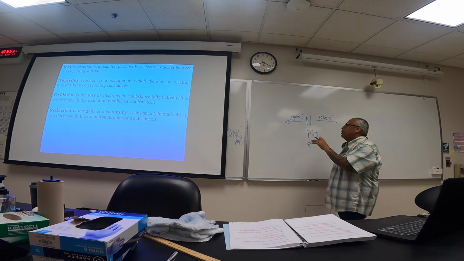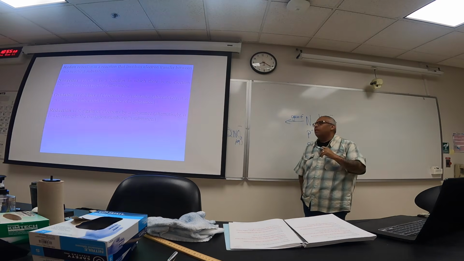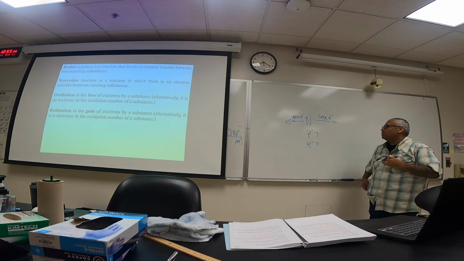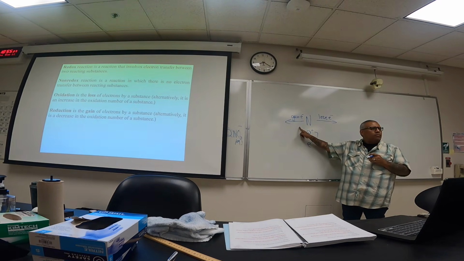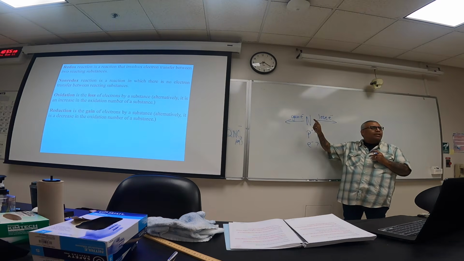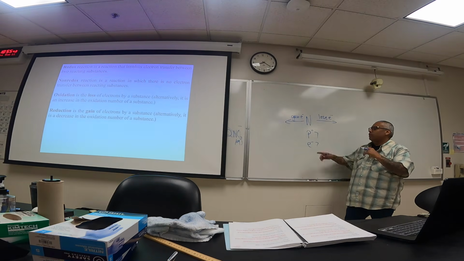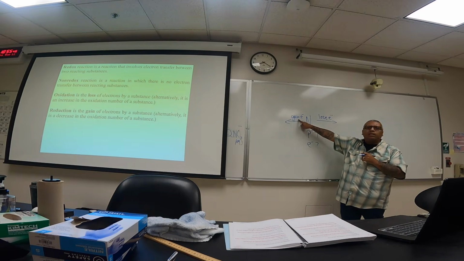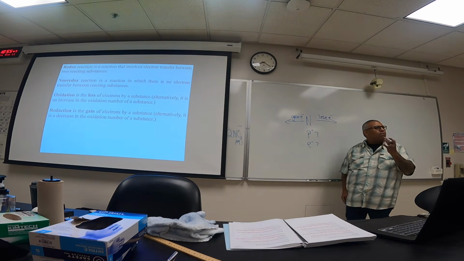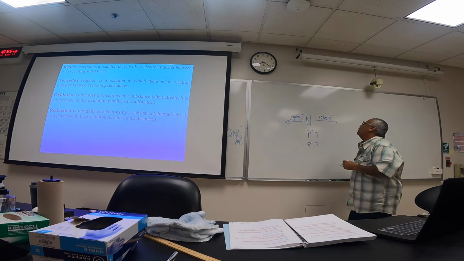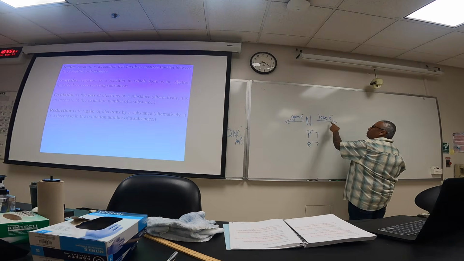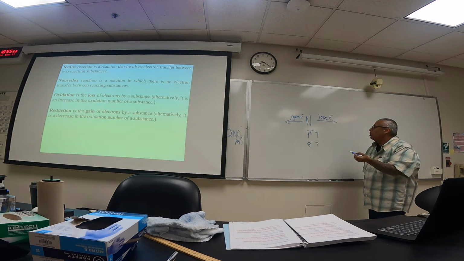I hope I didn't misspeak earlier, right? So if it gains electrons, right, it's called a reduction, right? But it's going to get more negatively charged. I think I misspoke and I said more positively. I'll have to check that. But gain electrons, it's going to become more negatively charged. Okay? Lose electrons, it's going to become more positively charged.